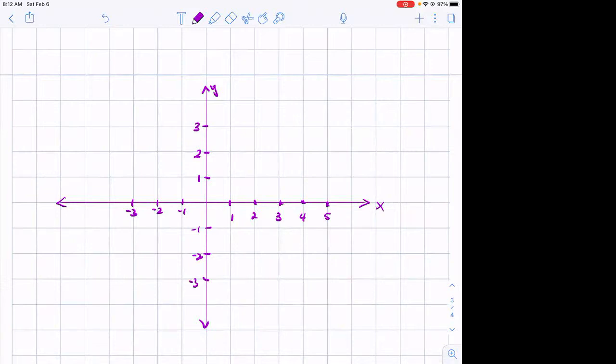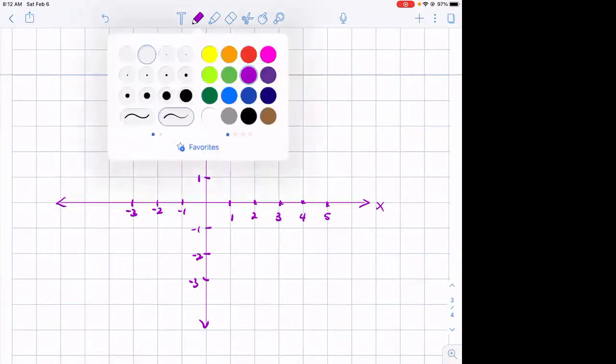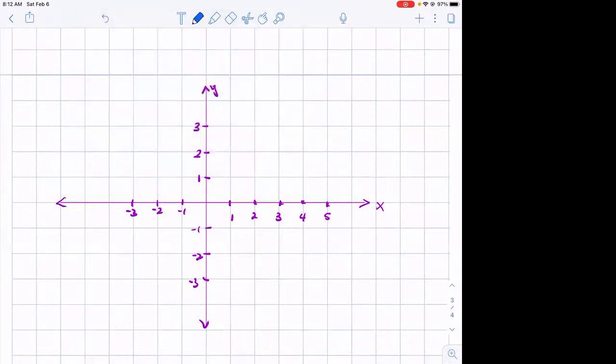And if I draw a line, it looks like that.